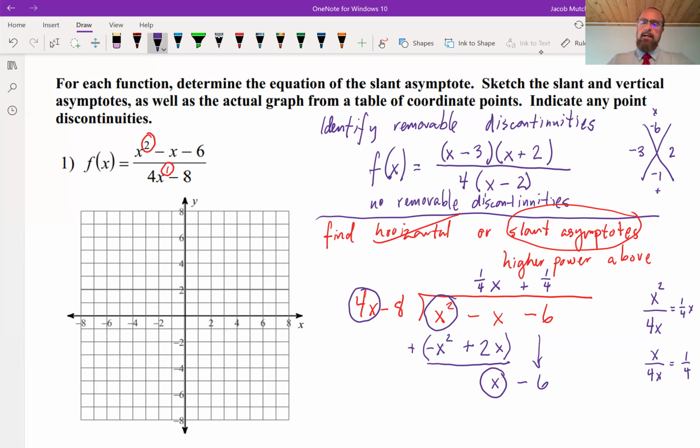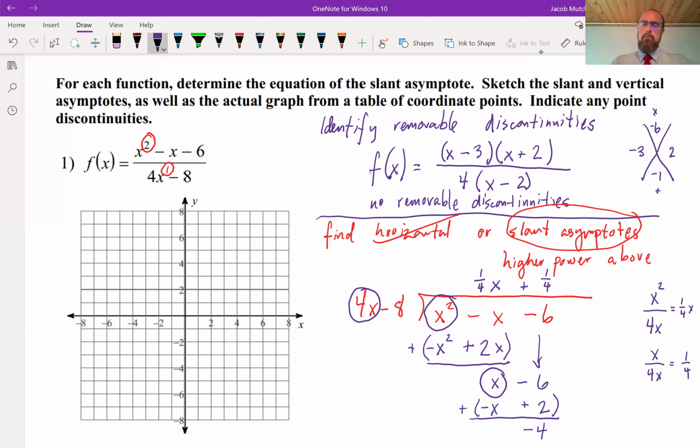But we'll multiply back. So 1/4 times 4x, again the quarter and the 4 cancel, so it's just x. And then 1/4 times negative 8, again minus 2. I'll subtract that. Again, distribute that negative, so make that positive, switch the signs on the inside, and that gives me a remainder of negative 4.